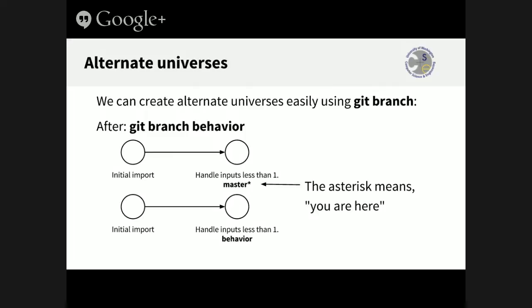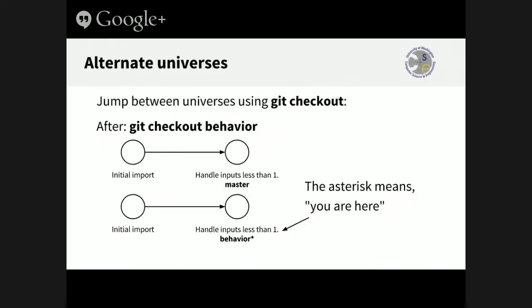When you say git branch and then specify a name for the branch, like behavior, it creates another timeline, or at least this is a way to think about it. So it creates two timelines, one called master, one called behavior, and right now these timelines are identical. Also, git branch doesn't change where you are. It only creates the new one, but you are still on the master branch.